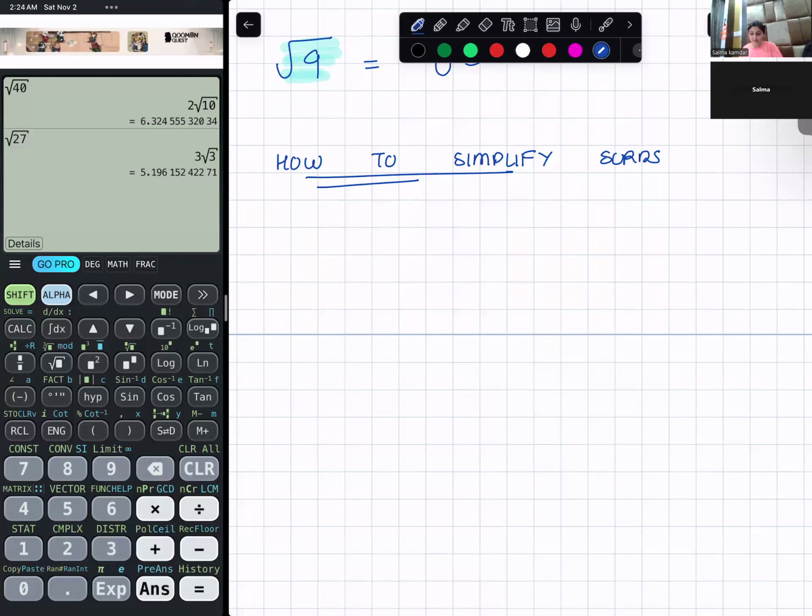So, say for example, you have two irrational numbers, root 3 into root 5. This multiplication of surds, that is root a into root b, is exactly the same as root of 3 into 5, or root of 15.